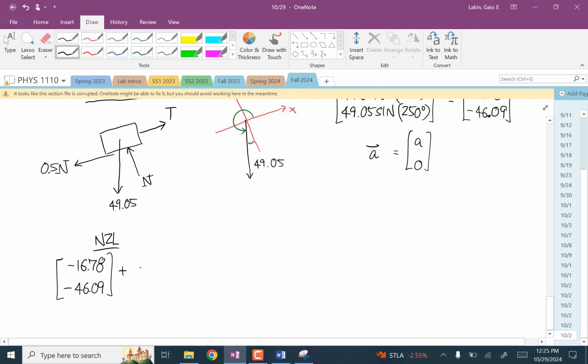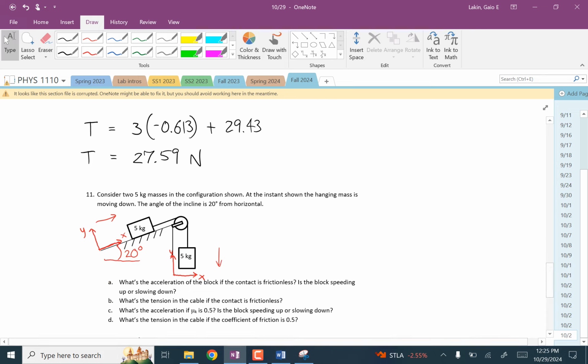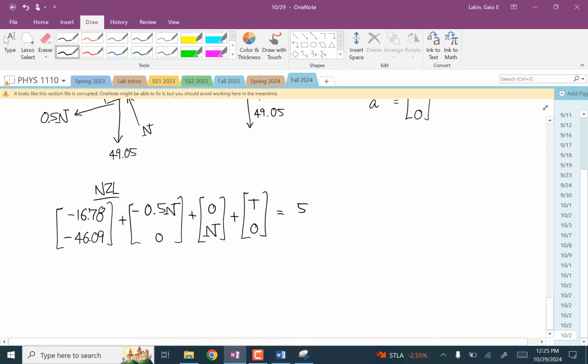Then there's the friction force, that's in the negative x direction, so negative 0.5 N, 0. Then the normal force is 0, N. The T force is in the positive x, so T, 0. And that's equal to the mass, 5, times the acceleration, a, 0.